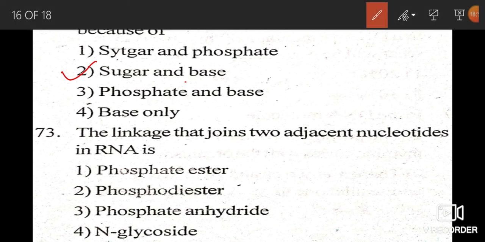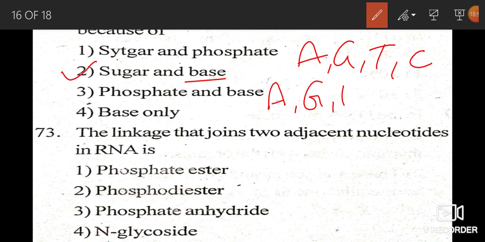And bases: in DNA, adenine, guanine, thymine and cytosine nitrogen bases are present, whereas in RNA, adenine, guanine, uracil and cytosine are present. So the second option is correct.